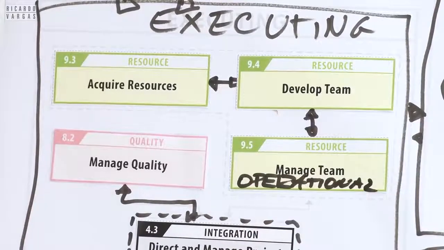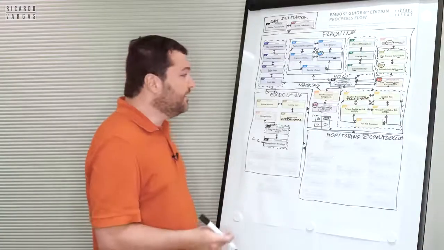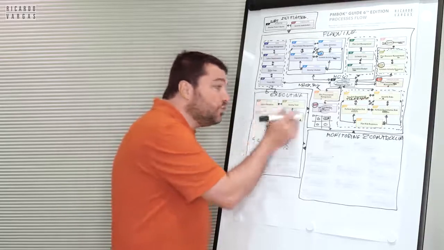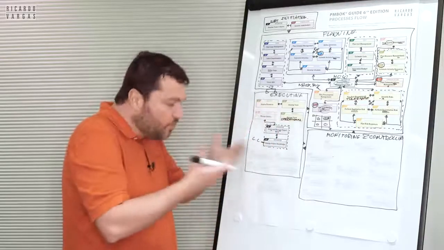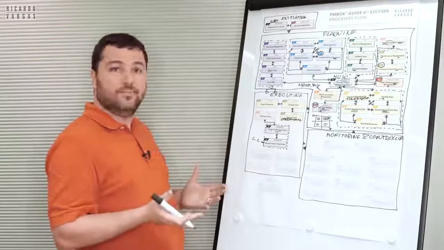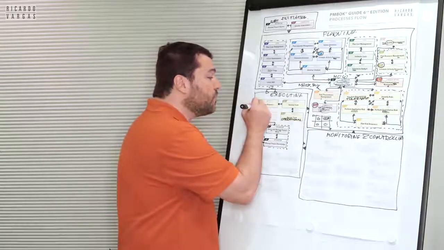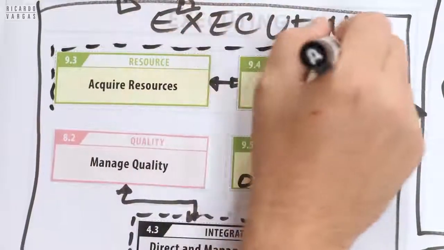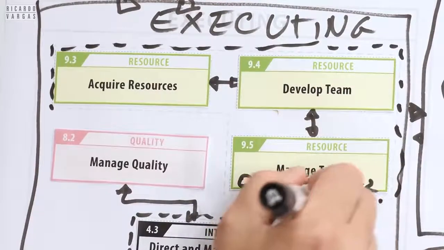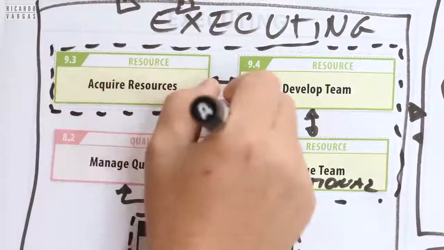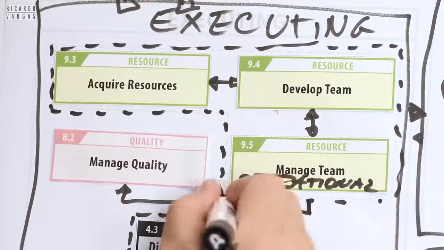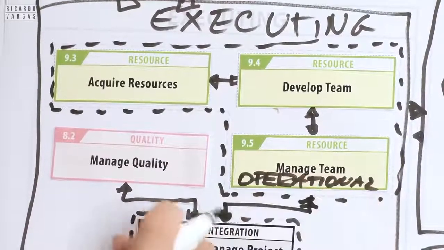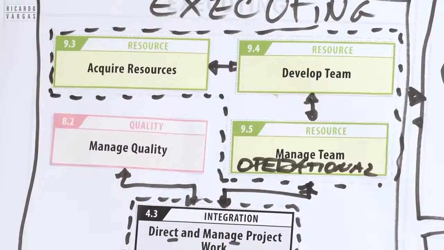Oh, someone needs to take leave. Someone is sick and cannot come. So you manage the daily work of your team. So it's a very, very important process. And this process will happen during all the execution. And they will be a supporting pillar to the 2 central processes.